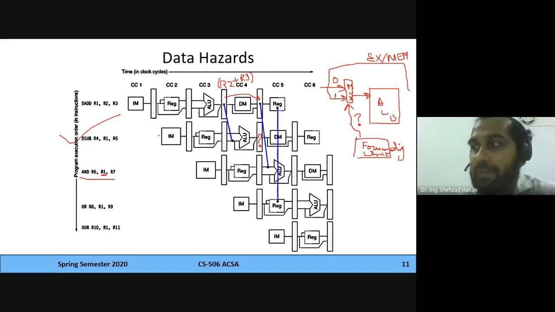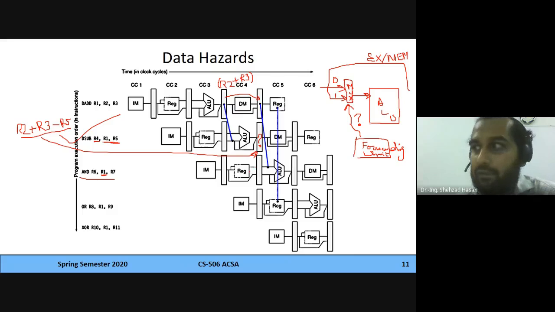But this EX-MEM pipeline register is now holding R4, or not R4, R1 minus R5's value. Or in other words, R2 plus R3 minus R5 value. But we don't have to work on this value for the AND instruction. So this is the value which is currently over here at the end of the fourth cycle.